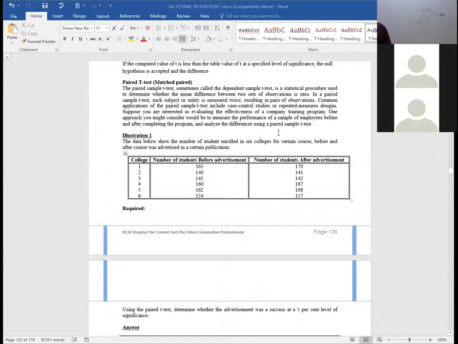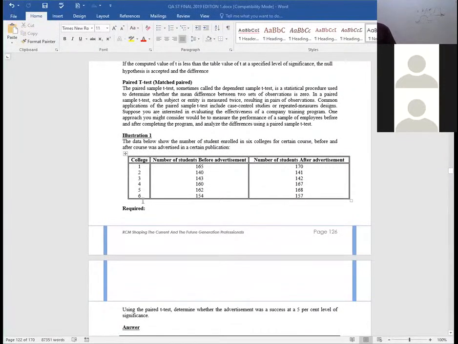Don't bother about that description. Look at illustration 1. The data below shows the number of students enrolled in 6 colleges for a certain course before and after the course was advertised in a certain publication.